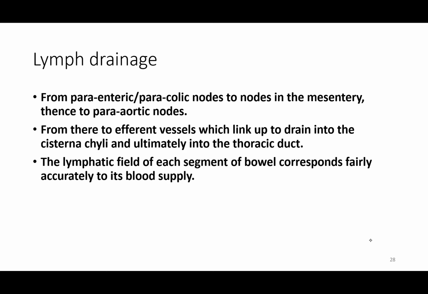Lymphatic drainage goes from paraenteric, paracolic nodes, to nodes in the mesentery, then to the para-aortic group of lymph nodes. So you can see there are three tiers of lymph nodes. From there, efferent vessels link up to drain into the cisterna chyli and ultimately into the thoracic duct.